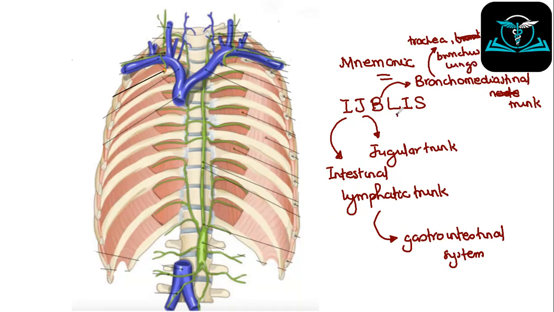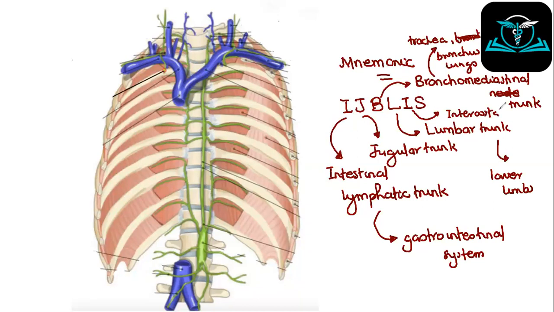Okay. Then the L here stands for the lumbar trunk. Again, I'll show you pictures soon. So the lumbar trunk brings lymph from the lower limbs or the lower parts of the body. Then the I here stands for intercostal trunk.